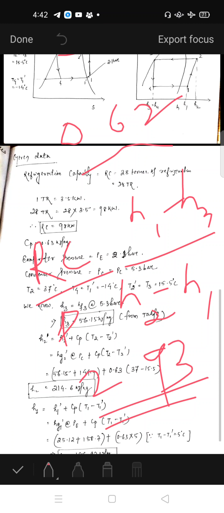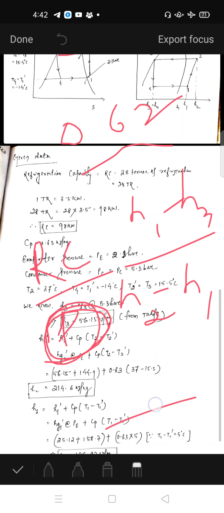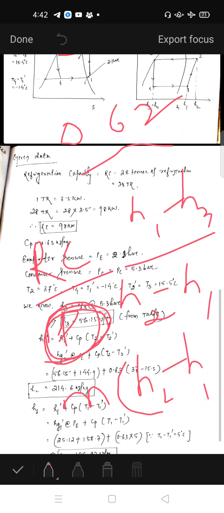Because you know the actual COP, you know the refrigeration capacity, that is 98 kilowatt, and in the denominator, in place of power input, you can just put m dot into H2 minus H1. You know H2, you know H1. All the data is given except the mass flow rate, so you can easily find the mass flow rate, that is 1.21 kg per second. Thank you.